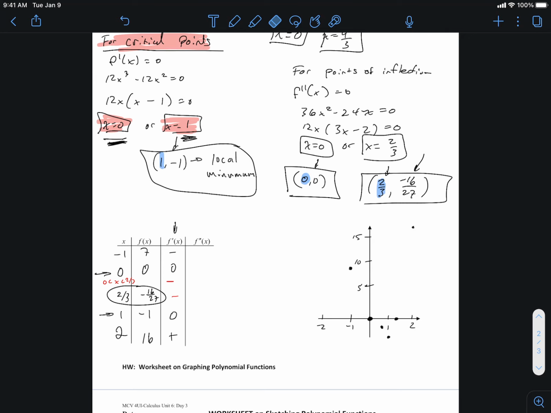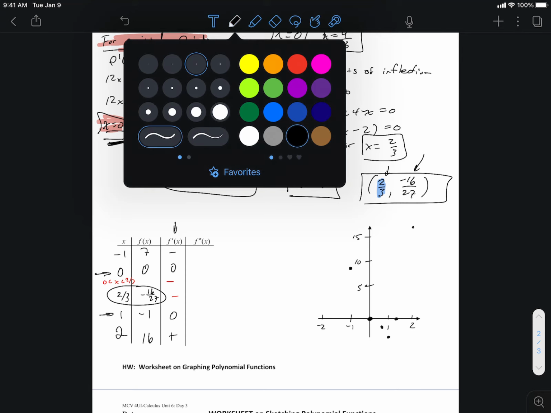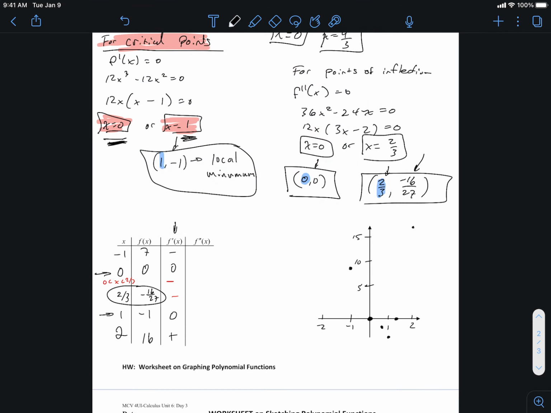Let's check the second derivative of things. These are what we call points of inflection. We've already kind of identified what they are, but this is putting a picture to the work that we've done above. So when x equals -1, my second derivative would equal a positive number, which says this has to be concave up.